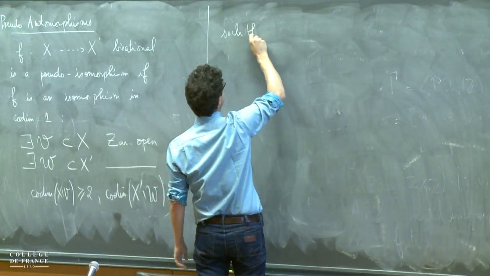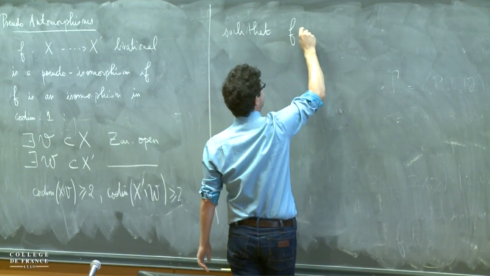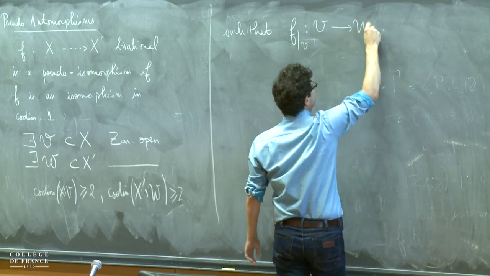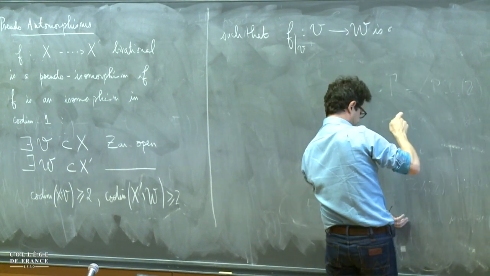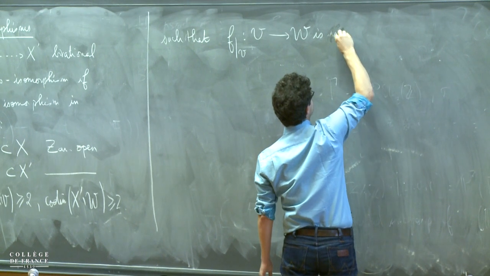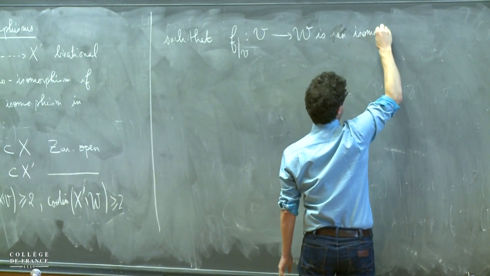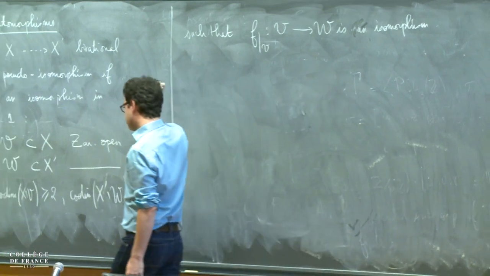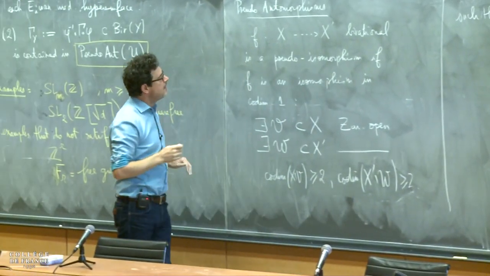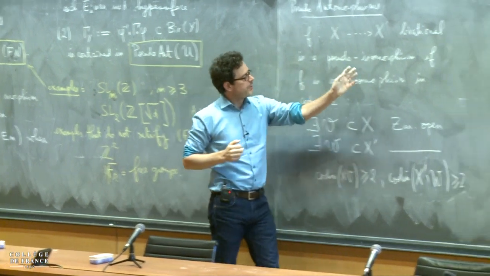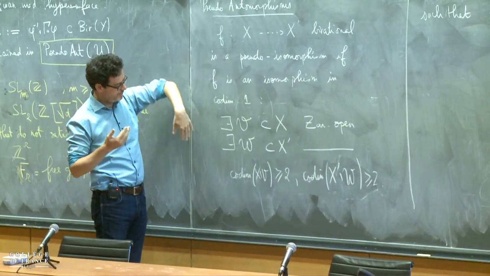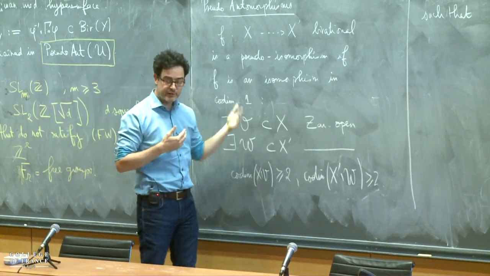Such that f, when you restrict to V, from V to W, is an isomorphism. Basically this means that the Jacobian determinant of f does not vanish in the complement of the indeterminacy points.